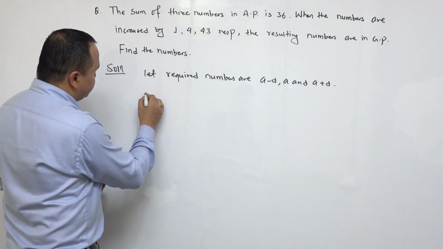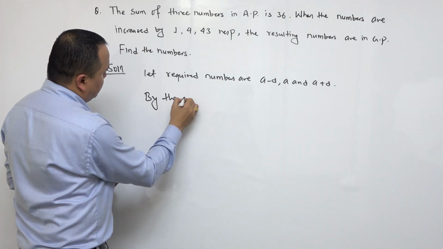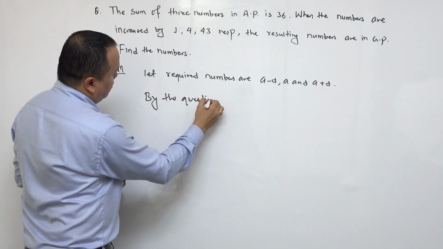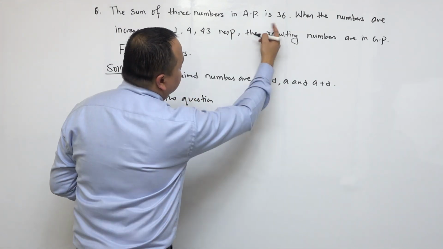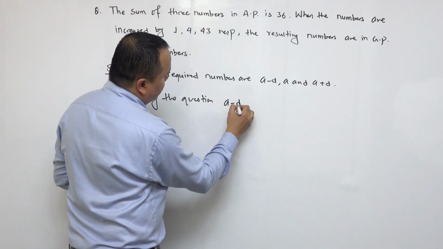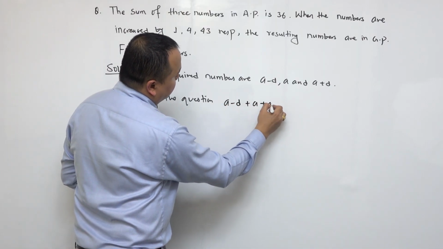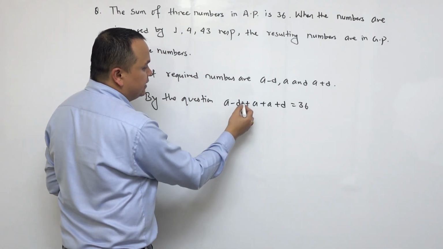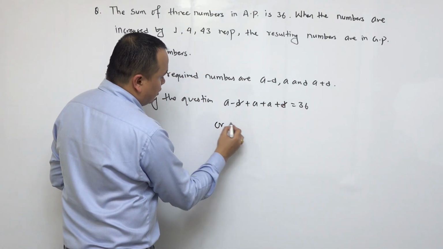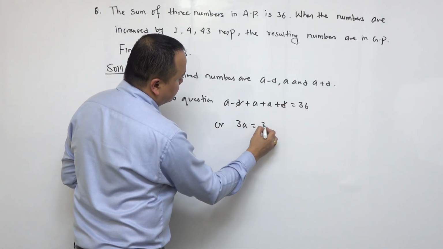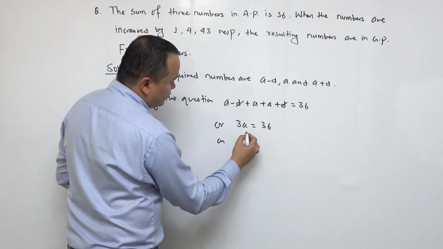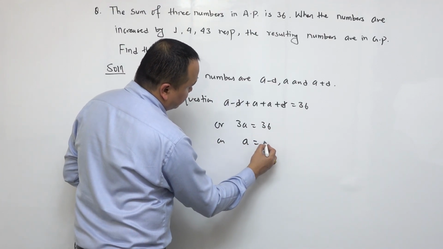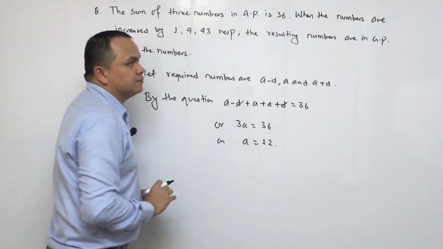By the question, the sum is 36. A minus D plus A plus A plus D is equal to 36. The D cancels, so 3A is equal to 36. Now dividing both sides by 3, we get A is equal to 12.